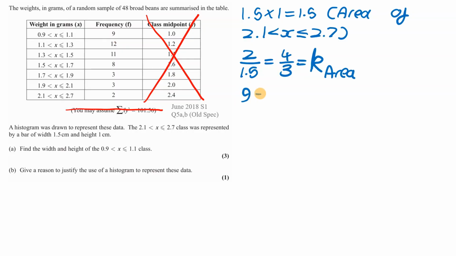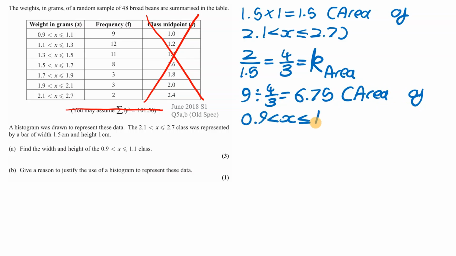It's going to be 9 divided by 4 over 3, which is equal to 6.75. So this is the area of the 0.9 to 1.1 bar. Make sure you get this the right way round. You're dividing it, not multiplying it by 4 over 3, to get this area here.